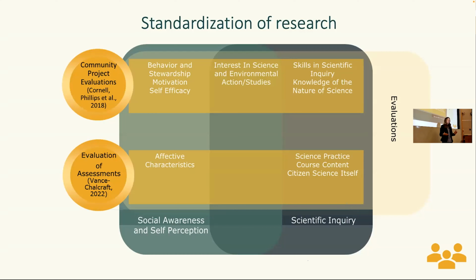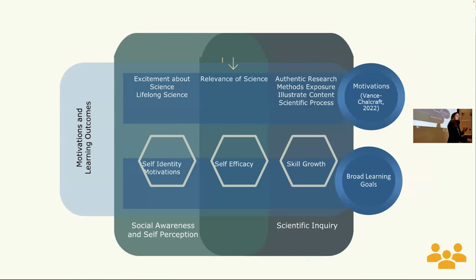So Vance Chalcraft put together a summary of some of the reasons why college educators would want to employ citizen science. And for this Vance Chalcraft paper, there were very few of these evaluations that college educators were looking at if we compare them to their motivations.